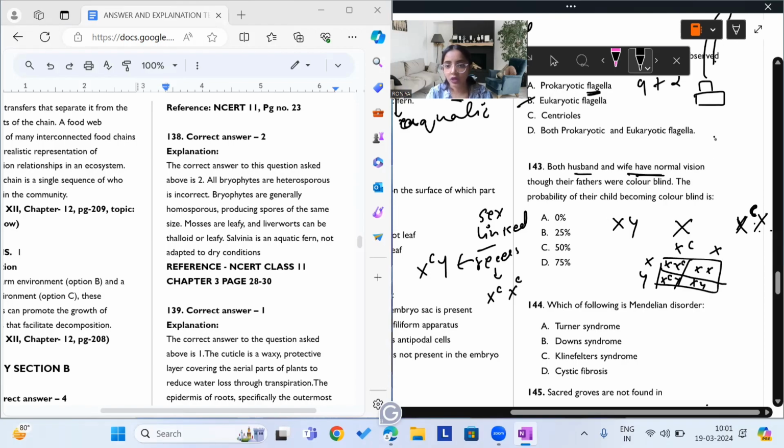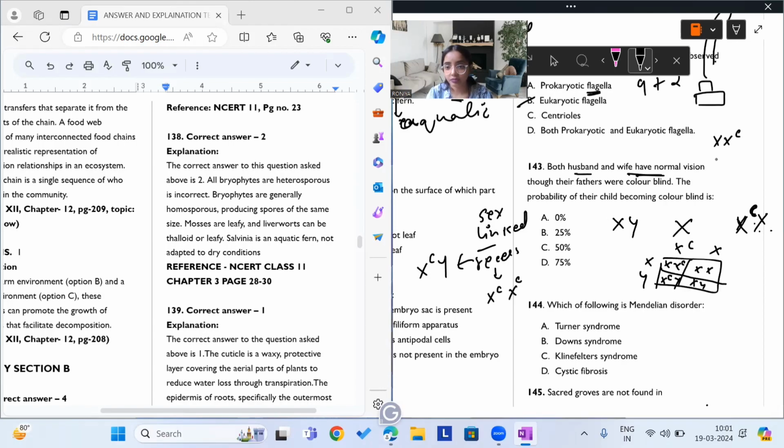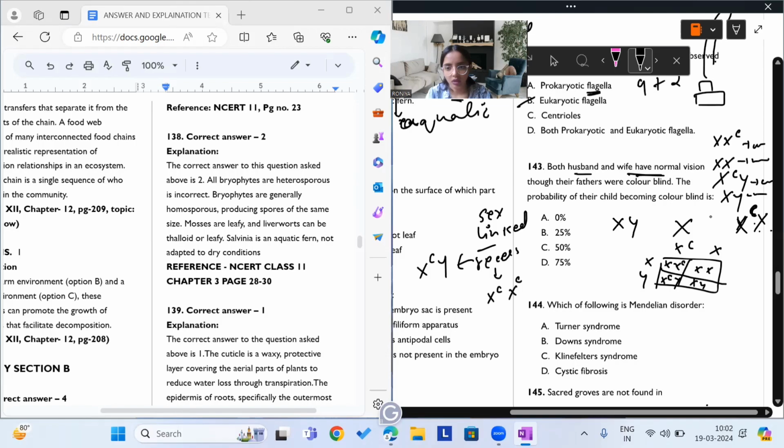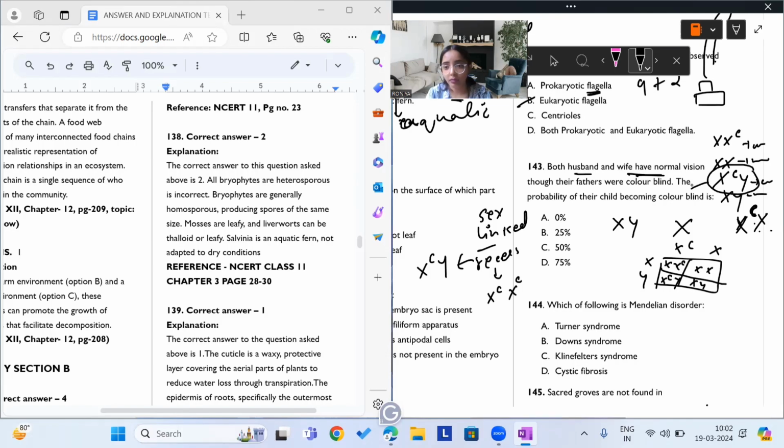So what we got: XXC, XX, XCY, XY. As you can see, this is carrier female, normal female, colorblind male, normal male. So this male is the only male with color blindness. So out of 4, only one can have color blindness.